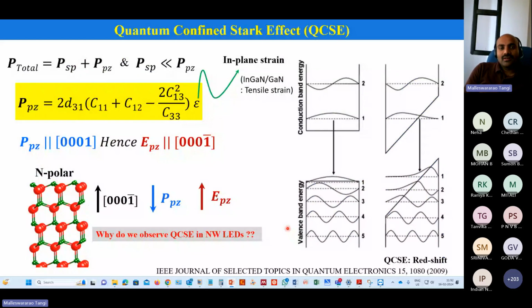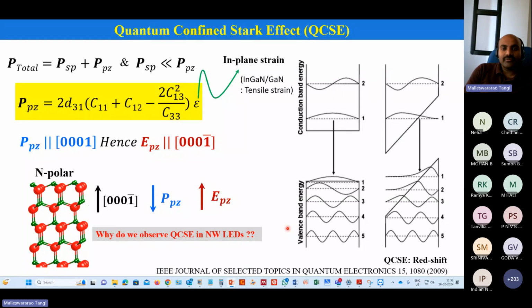So all this effort is to study the quantum confined Stark effect in these nanowires. When you have a polar material, the total polarization will be from spontaneous and piezoelectric polarization. If you compare spontaneous and piezoelectric, piezoelectric polarization will have dominant values.